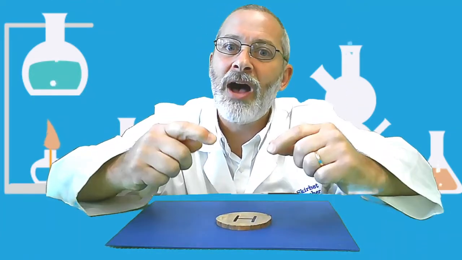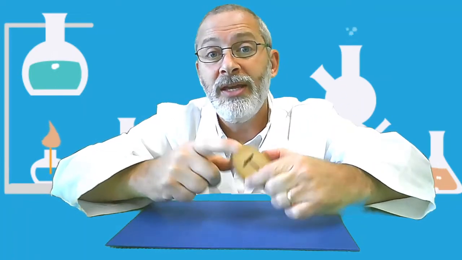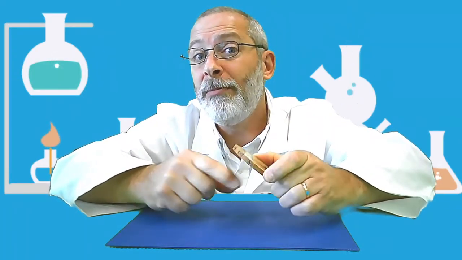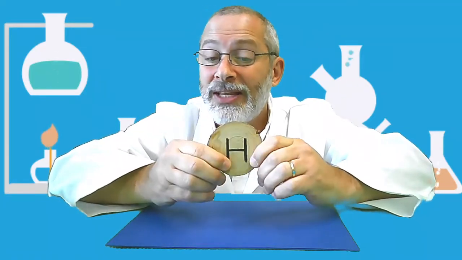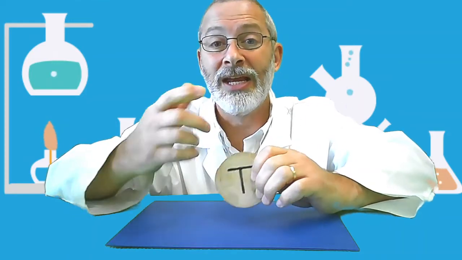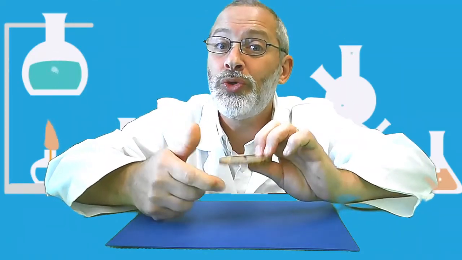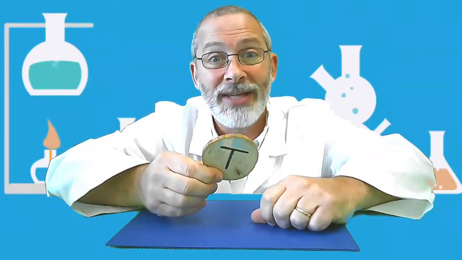Every time I flip a coin, it has a 1 in 2 probability or likelihood or possibility that it's going to be one side or the other. In other words, a 1 in 2 chance that it's going to be heads or tails.